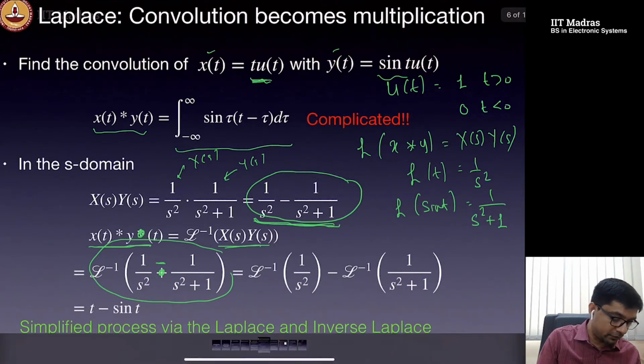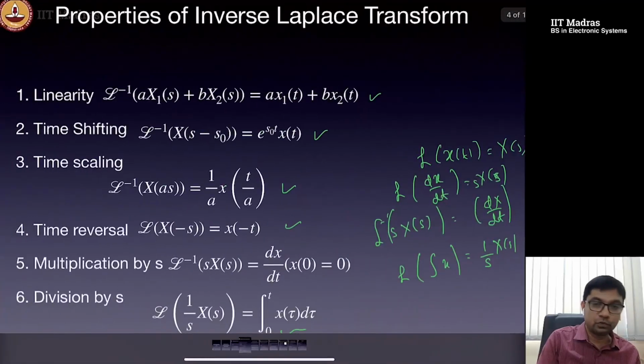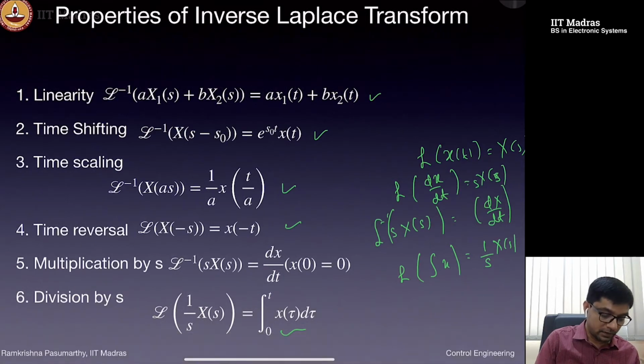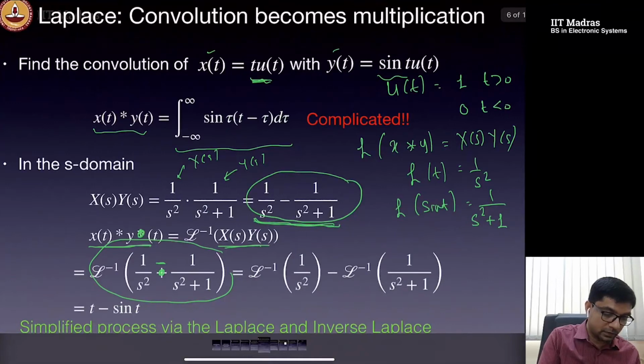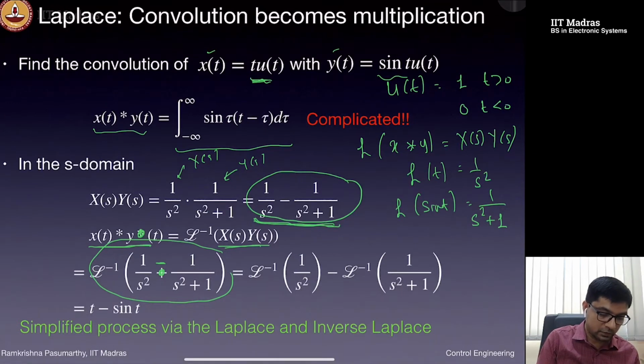I just use the property of linearity. The inverse of a sum of two Laplace transforms is the inverse of each of those individually. So I just apply that technique, and I'm looking at the inverse of 1 over s squared, which is t, minus the inverse of 1 over s squared plus 1, which is sine of t.